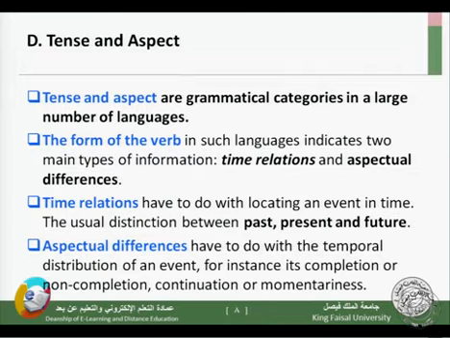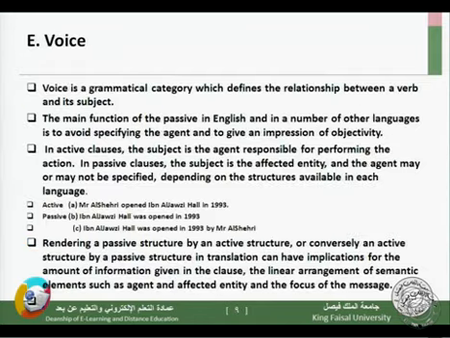Now, the aspectual dimension of the verb, you need to say, okay, is it present continuous? Is it present perfect continuous? Is it past continuous? Is it past perfect continuous? So you need to look at the aspect from this angle, the temporal distribution of the event. Okay? So this is very important. Time relation, aspectual differences. Very important when it comes to translation.